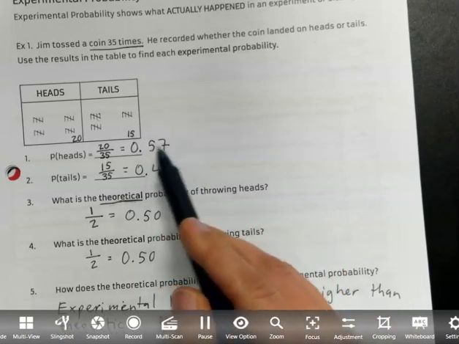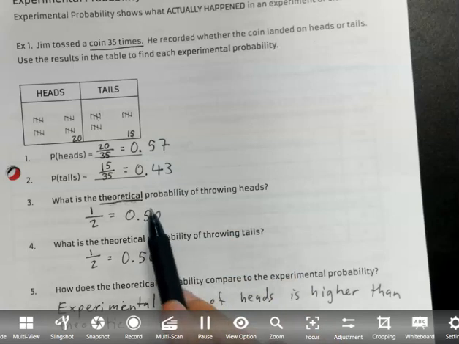Right? Because 0.57 is a higher number than 0.5.